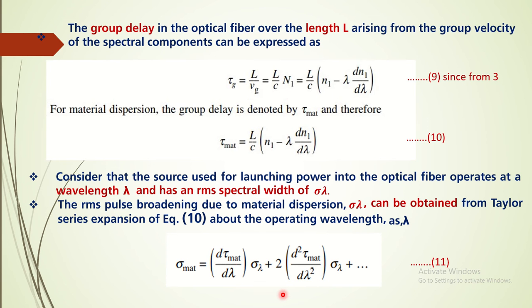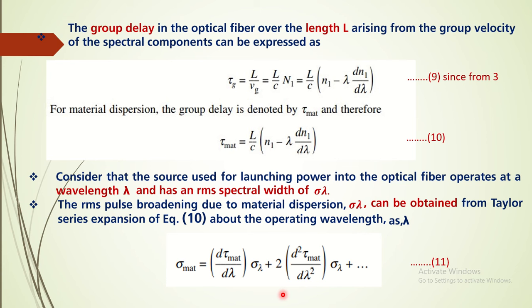The group delay in the optical fiber over a length L, arising from the group velocity of the spectral components, can be expressed as tau g equals L by Vg. Here you express the group velocity of the spectral components in terms of group delay and length L. Of course, we all know the basic formula: velocity is equal to distance by time. With that formula, we write time is equal to distance by velocity.